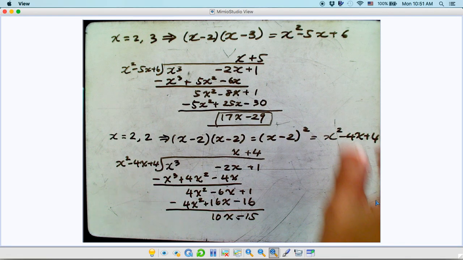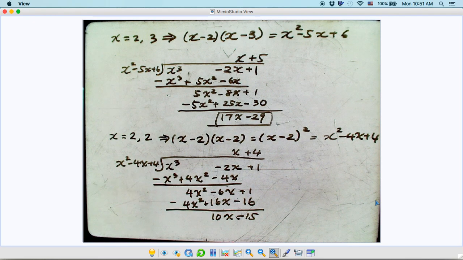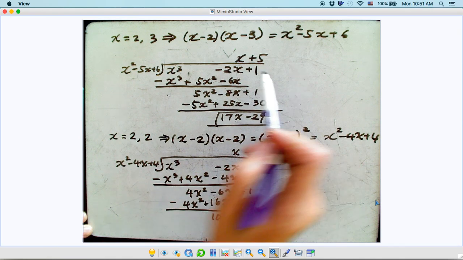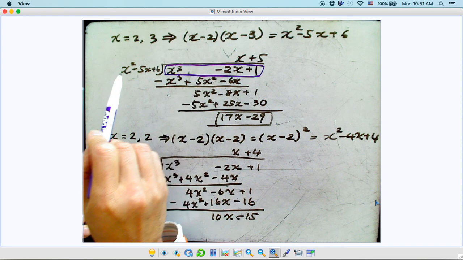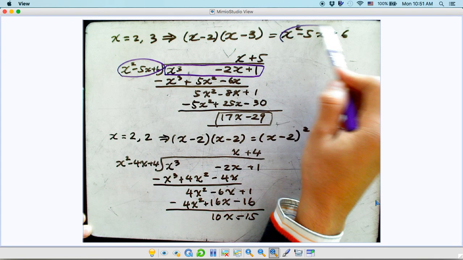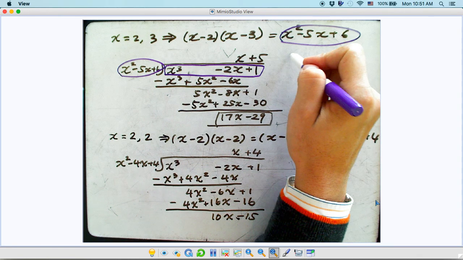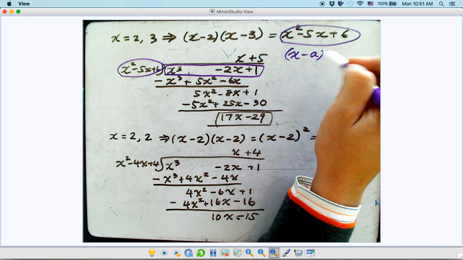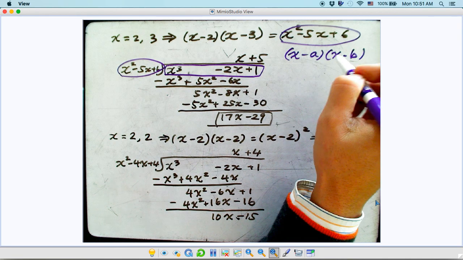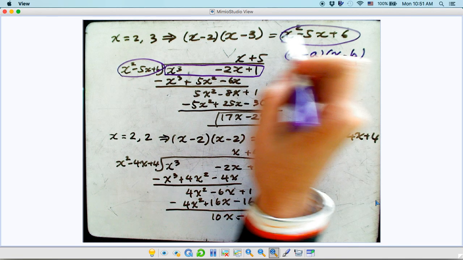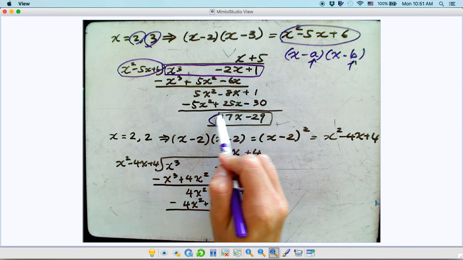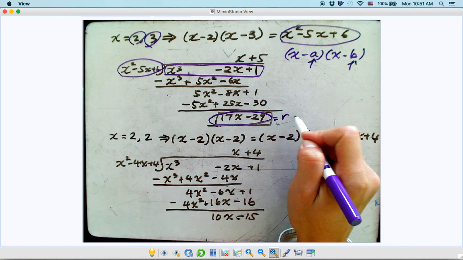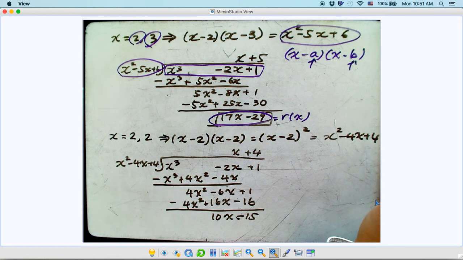So let's go back to the theorem. Theorem 3.4 says if you divide the function f of x by x minus a and x minus b in the generalized version, where a and b come from these points, then whatever the remainder function r of x is, is going to be the equation of the secant line.